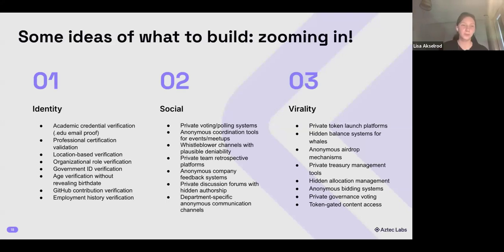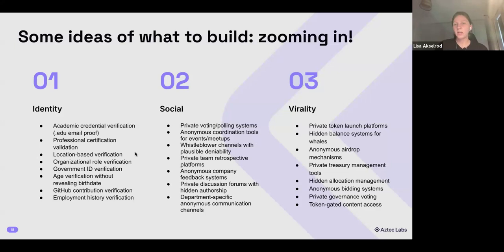Some ideas of what can be built with identity: academic credential verification, professional certification validation, location-based verification, organizational role verification, government ID verification, and so on and so forth. Whenever you want to authorize someone or identify someone, it might make a lot of sense to use Noir. Think about it.